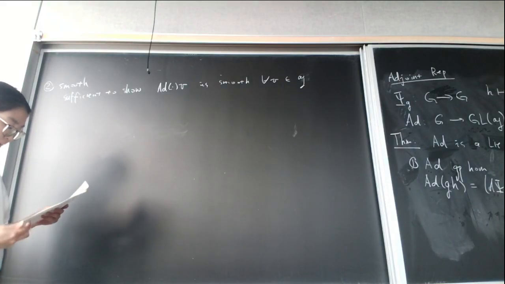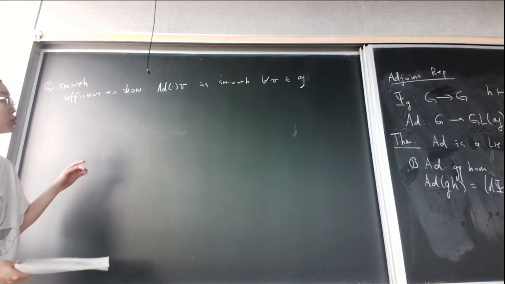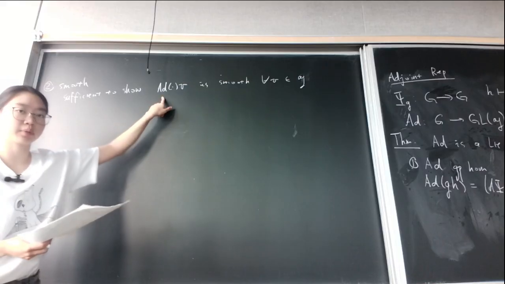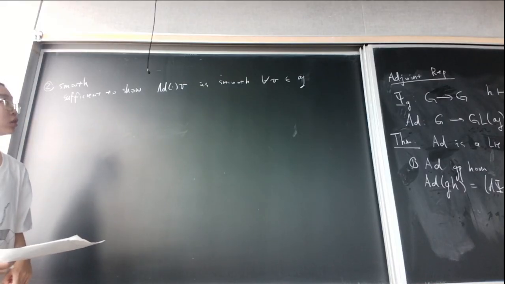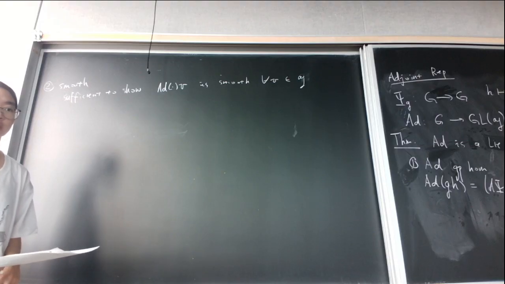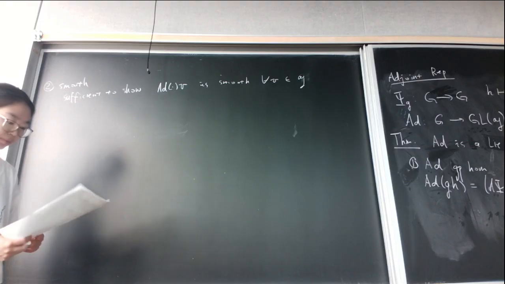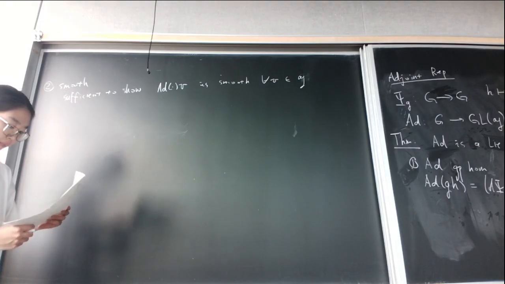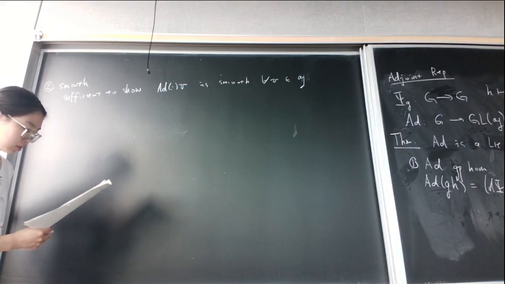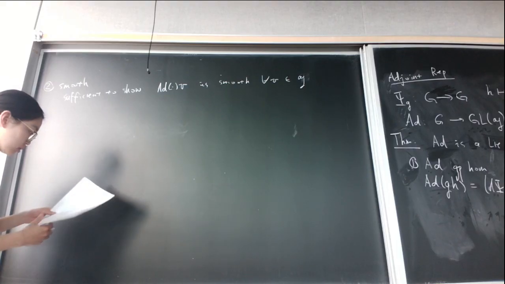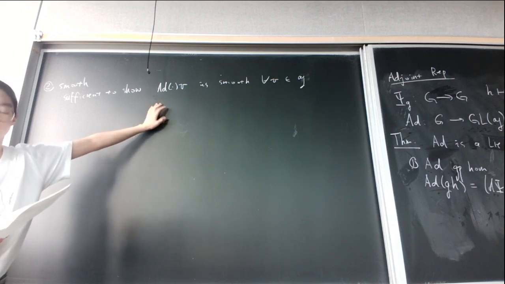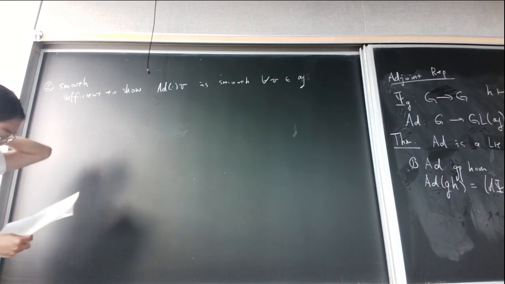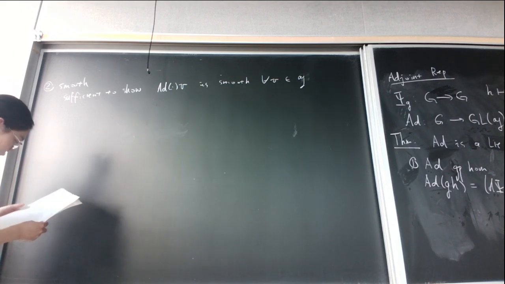We are going to write this map as a composition of a bunch of smooth maps, and that will prove that it's smooth.